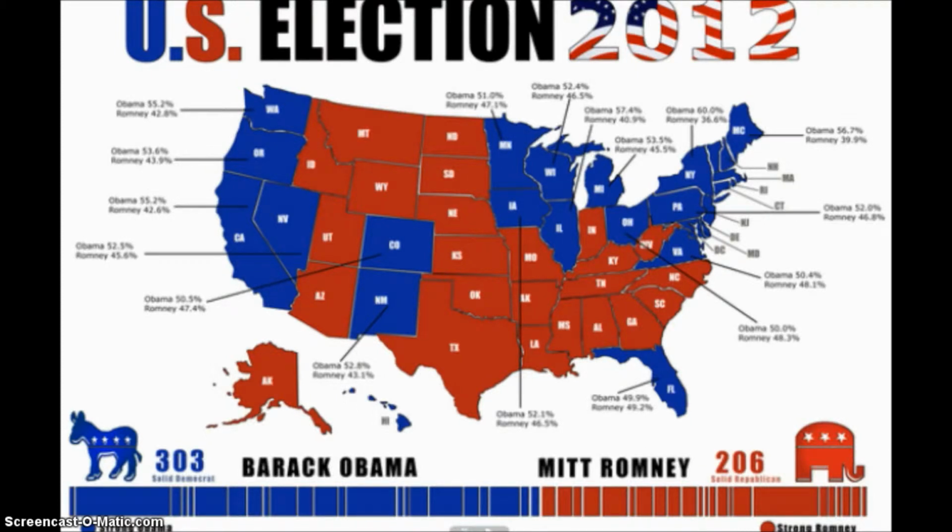In the map, we can easily assume that Mitt Romney would win the election, as the majority of the country's states have the color red, which is Mitt Romney's party, the Republicans. But it is the size of the population and not the size of the state that determines which votes are valid in the end.